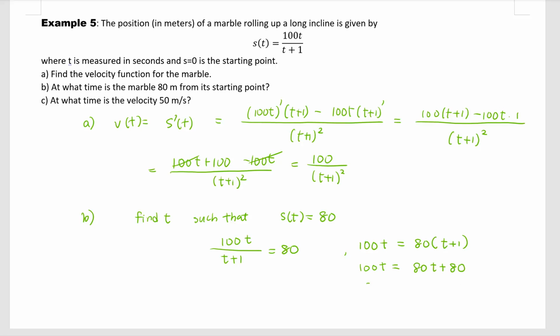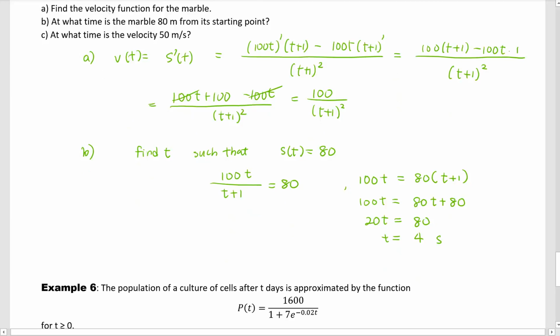Then we have 20t equals 80. Divide both sides by 20: 80 divided by 20 is 4. So the marble is 80 meters from the starting point at t equals 4 seconds.